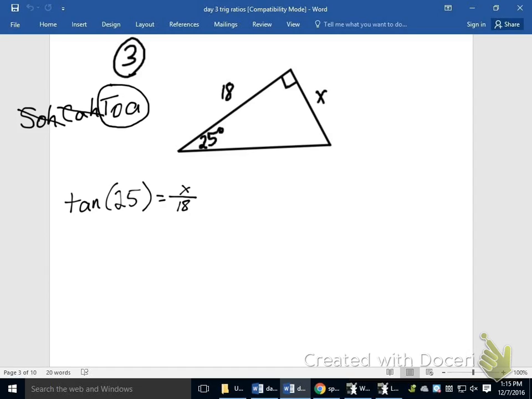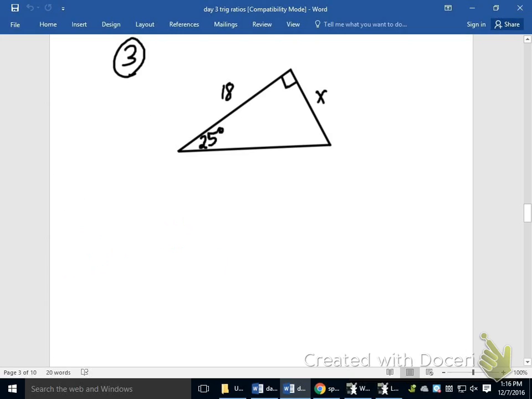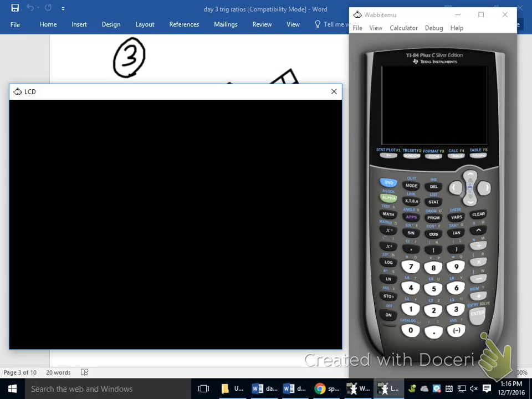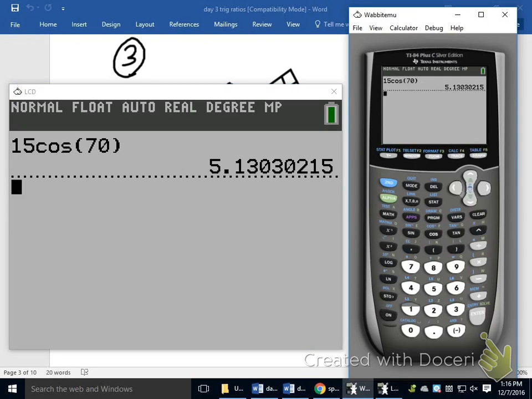To solve this one, pretty easy step. You just multiply by 18 on both sides. So x is equal to 18 times the tangent of 25. That's it exactly. Now I'm going to type it in my calculator to get an approximate answer. So I'll go ahead and do that now. 18 times the tangent of 25.